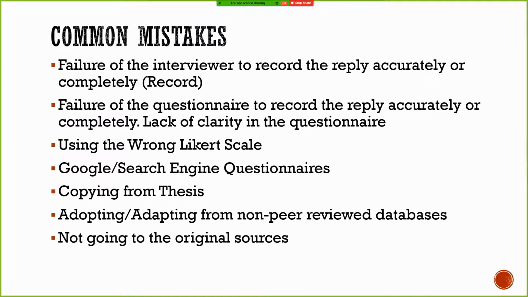What happens is when the paper goes into review, your reviewer comes back with a comment that you did not use the scale as it was in the original source. And this has happened to us, and that's why we have learned all these mistakes that I have identified. 90% of these actually happened to me when I was learning research. So learn from my mistakes. Actually, these are my mistakes.